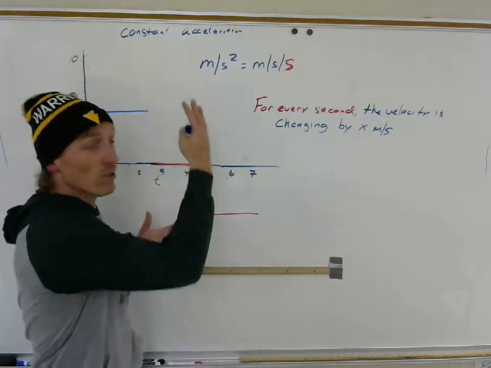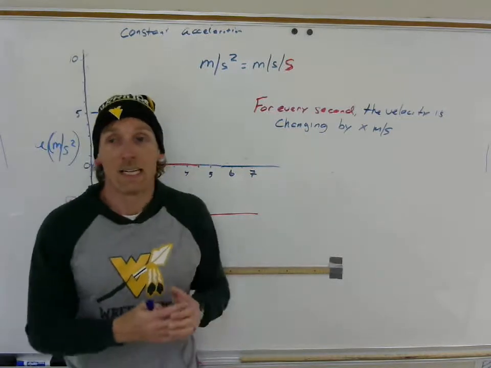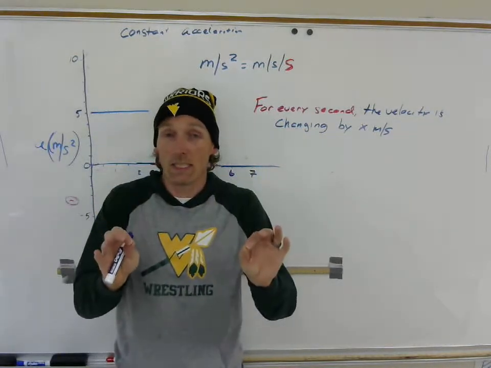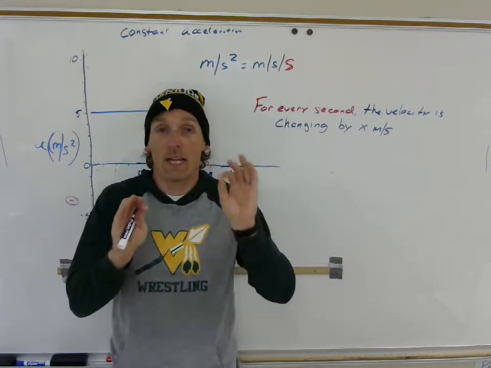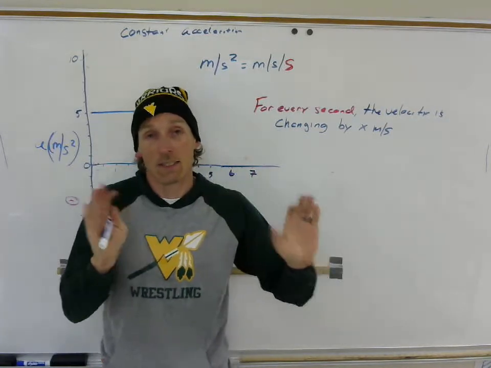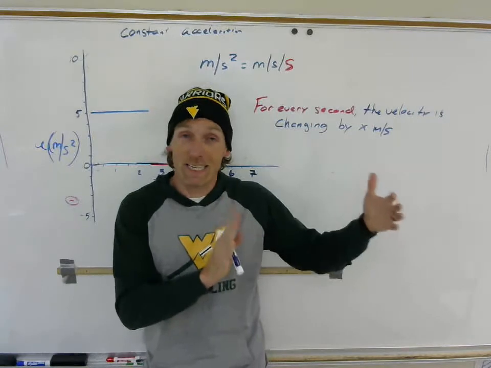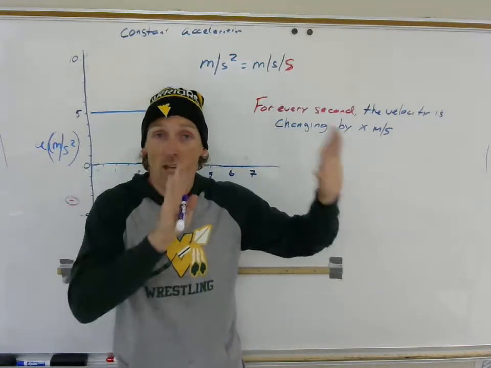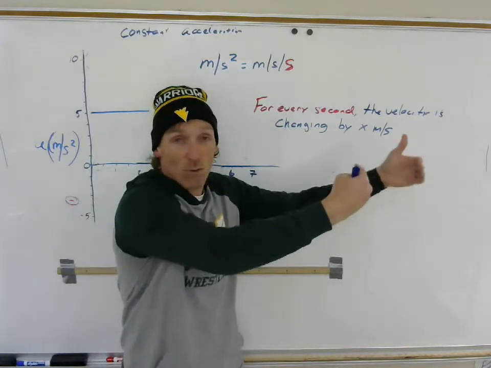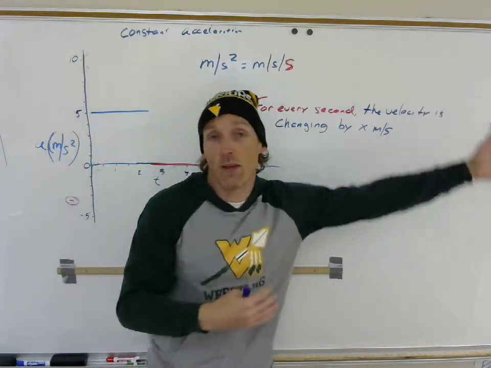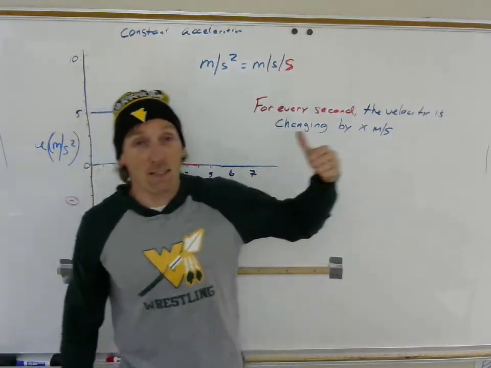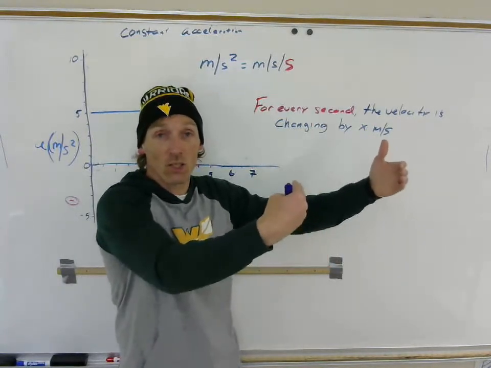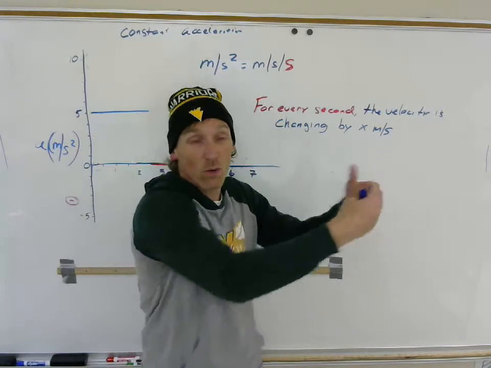It can be a positive number or a negative number. But as we've seen, if you've watched the other videos about these graphs, positive, negative doesn't tell me if I'm getting faster or slower necessarily. It tells me the direction that acceleration is acting. And based on what the velocity already is, if it's a positive velocity and I have a positive acceleration, signs are the same, it's moving in the same direction, it's going to get faster and faster and faster. So let's say I have a positive velocity and then a negative acceleration. That change of velocity is going to cause it to get slower and slower and slower.